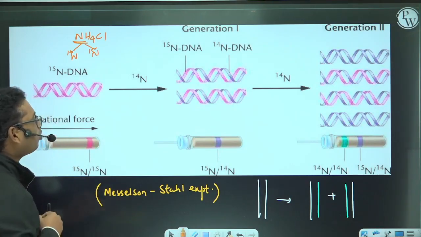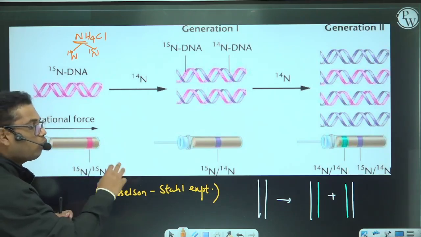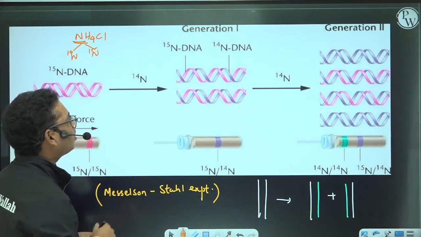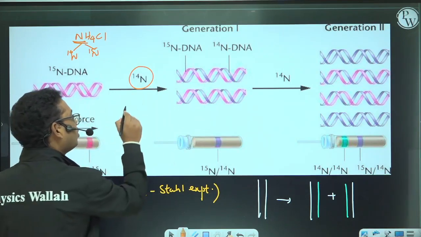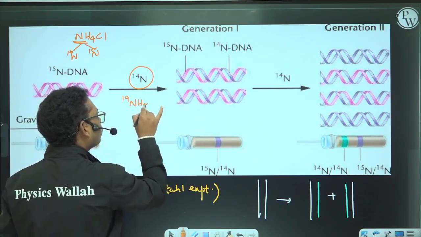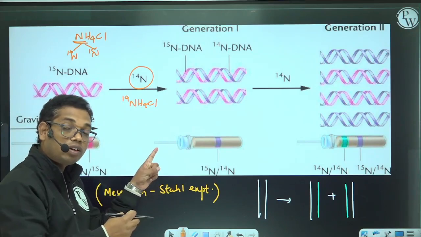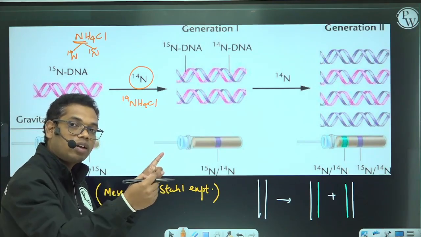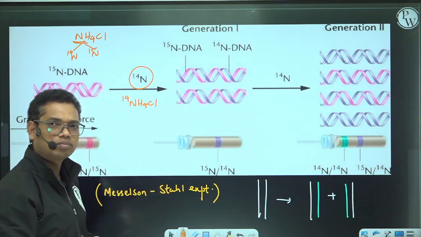Later on, what did they do? They allowed the bacteria to grow in a medium in which N14 was supplied, that is, N14H4Cl. Now those bacteria will use N14 to synthesize nitrogenous bases, which will be used to synthesize the DNA.